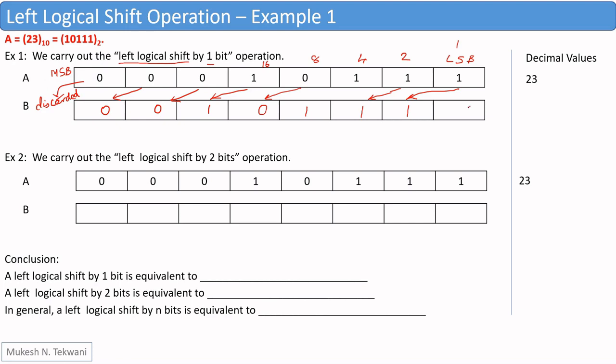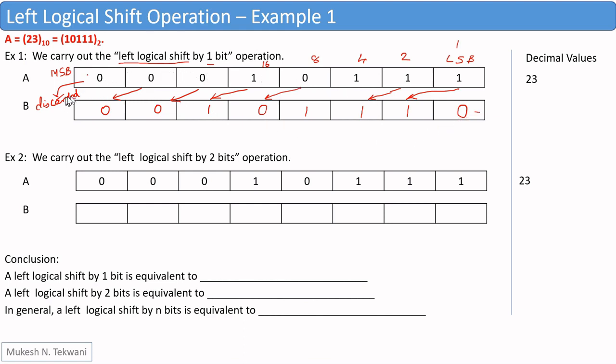The least significant bit is now vacant, so we put a 0 in this least significant bit. Now it is very important to understand that this 0 that we have put here is not brought from the most significant bit. So we have not brought this 0 into the least significant bit.